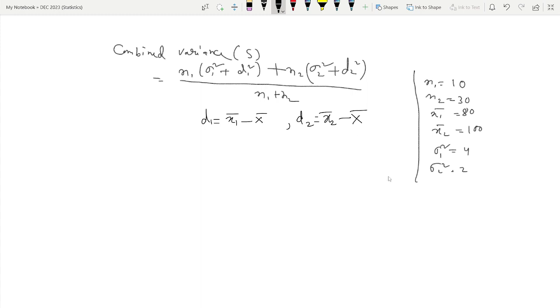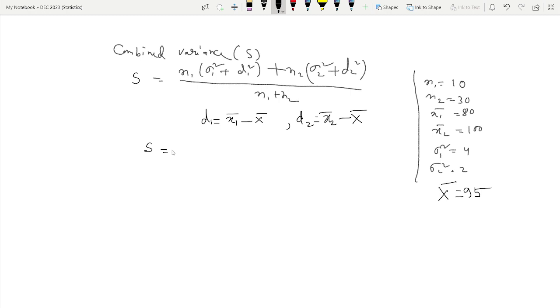We get from the previous calculation x bar equals 95, so we can easily calculate the value of combined variance.